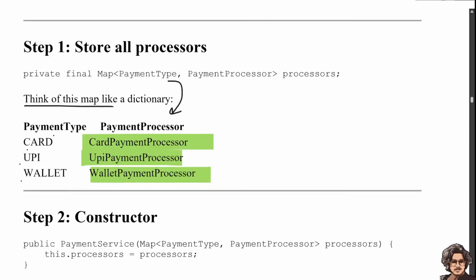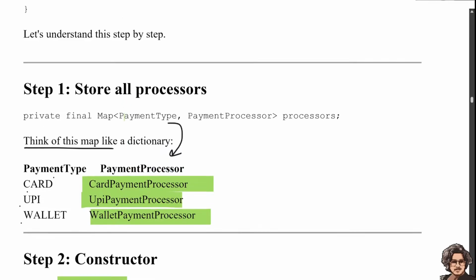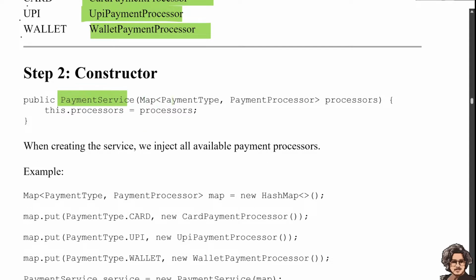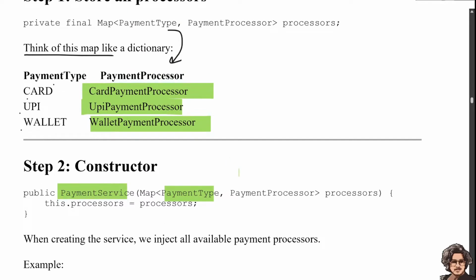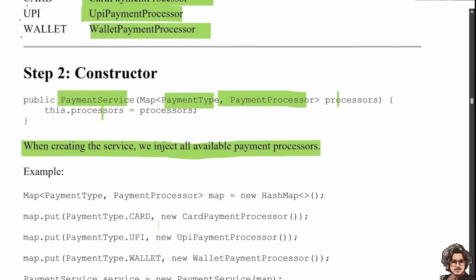First of all we created these, then we created a constructor for PaymentService, in which we map a payment type to the payment processor. That is known as a processor. When creating the service, we inject all the available processors inside this one.